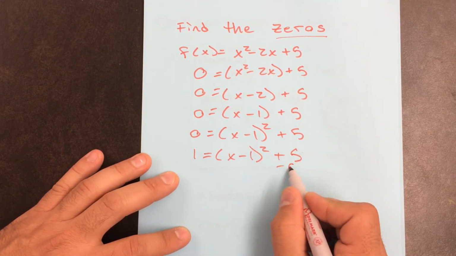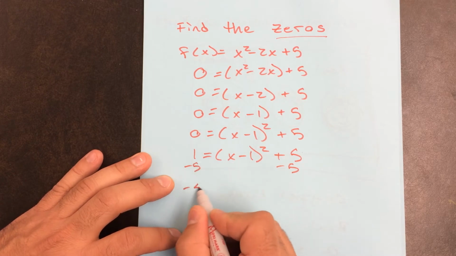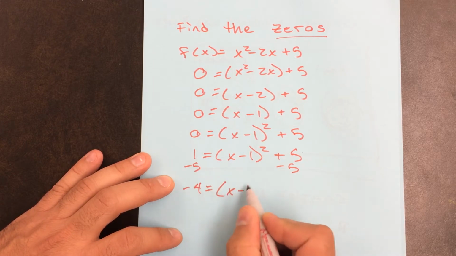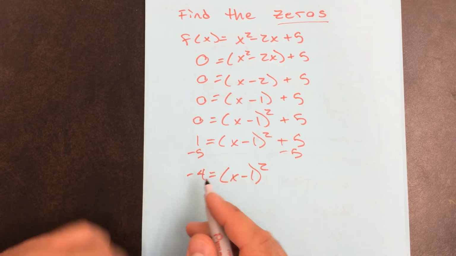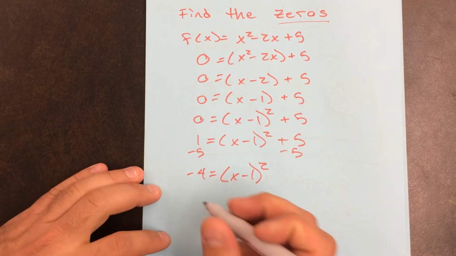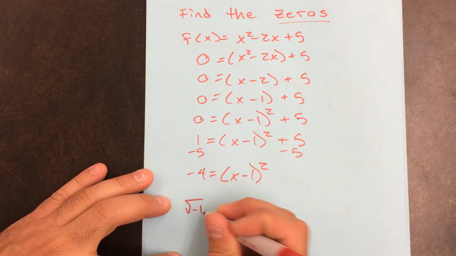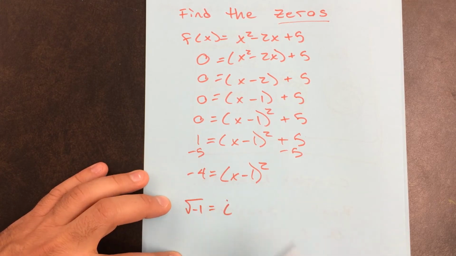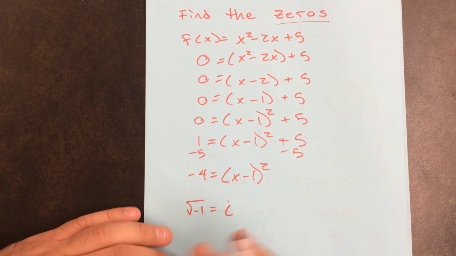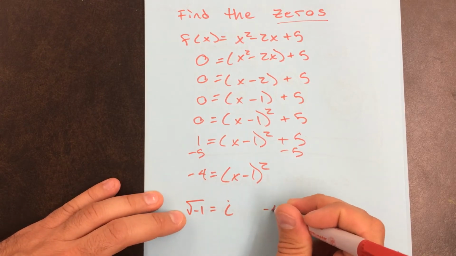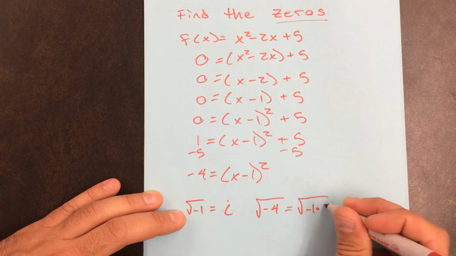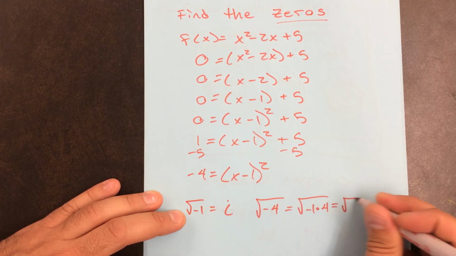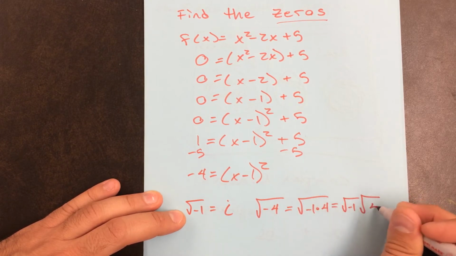So I've added 1 to this side, I have to add 1 to this side. Now I want to get this alone, so I'm going to subtract the 5. Now I square root, and I can't do the square root of a -4, but I actually can. So the square root of -1 equals i. So what I'm going to do here is break down -4 into the square root of -1 times 4, or the square root of -1 and the square root of 4.